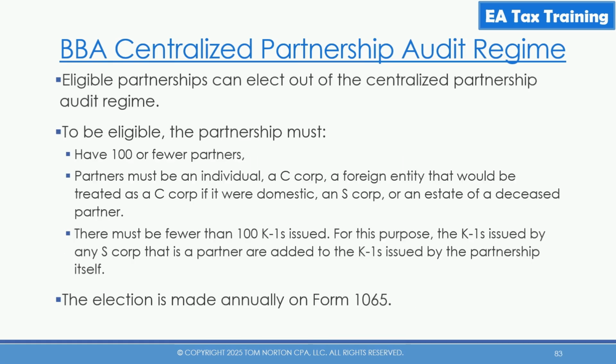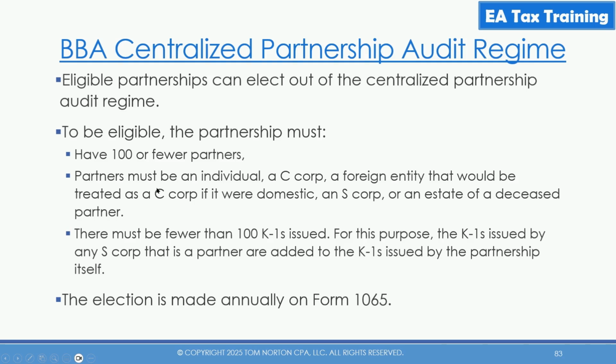So because of this, certain partnerships can elect out of this centralized partnership audit regime. In order to be eligible to do so, they have to meet some criteria. First of all, they have to have 100 or fewer partners.